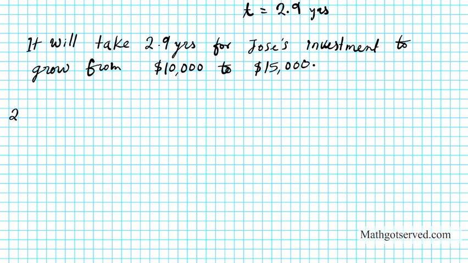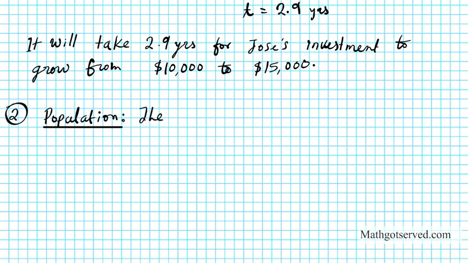Question 2. This is a population problem. Population. Okay. So let's underline. You can write down what the situation is. This has to do with a foreign planet. Let's go ahead and write down the description of the problem.